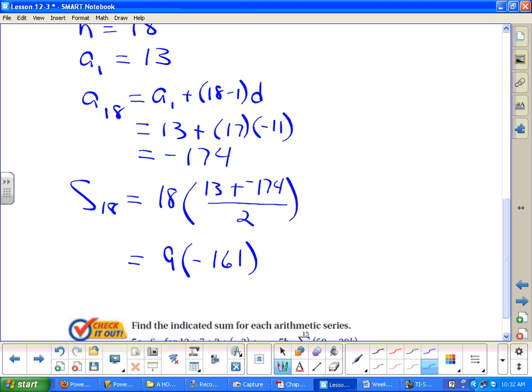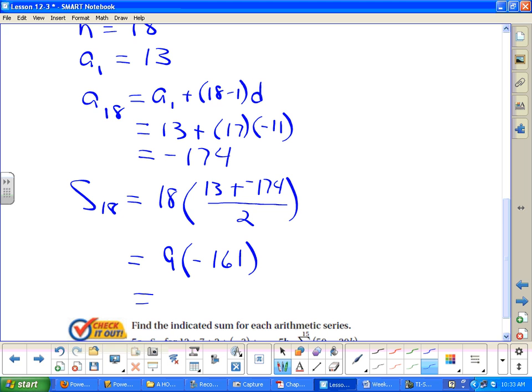Which is equal to, and I'm going to do this in my head, 1610 minus 161. Where do I get 1610? 161 times 10, and then I have one less of those 161s, don't I?